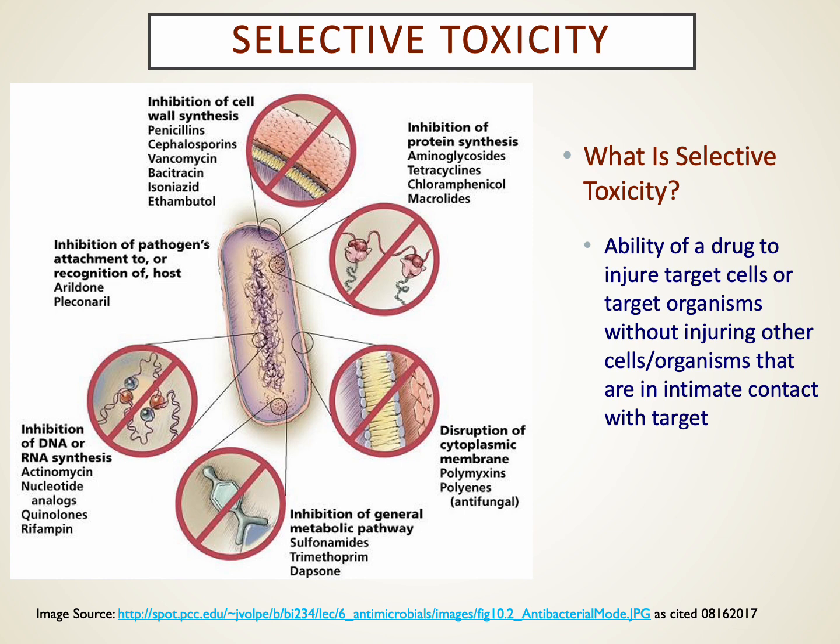For example, we require folic acid for cell function, but many bacteria make their own folic acid, and we can inhibit the pathway of manufacture of folic acid in patients who are infected with some of these pathogens by using a sulfa drug or trimethoprim or dapsone.